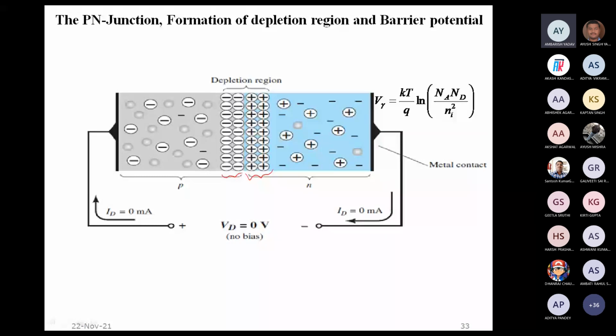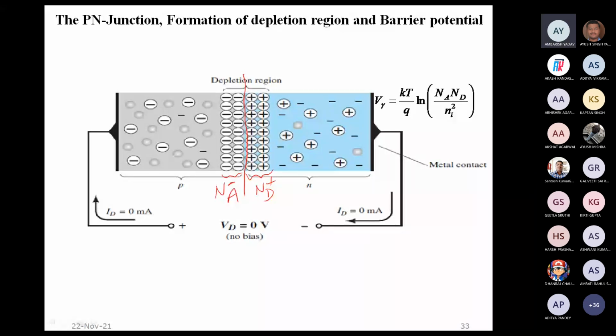Okay, so this is the physical contact point here. On one side we can see positive charges. These are the donor ions on the N side and acceptor ions on the P side.